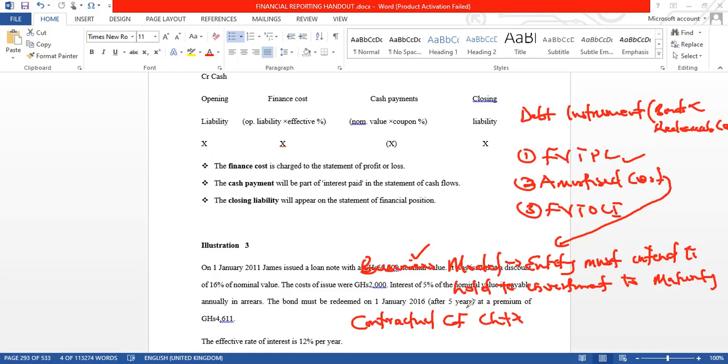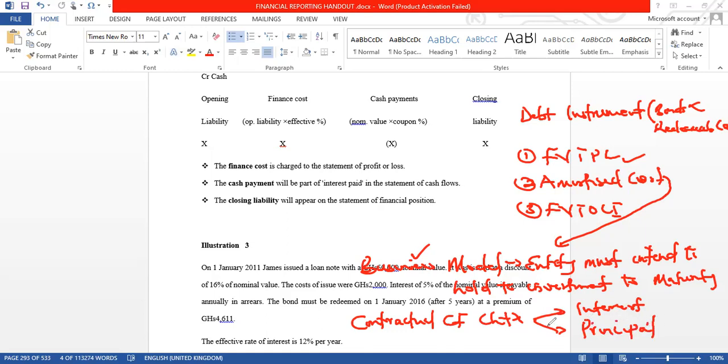This test is about the fact that the characteristics is that there will be interest payments. There will be annual interest payments, and there will be principal to be paid back.